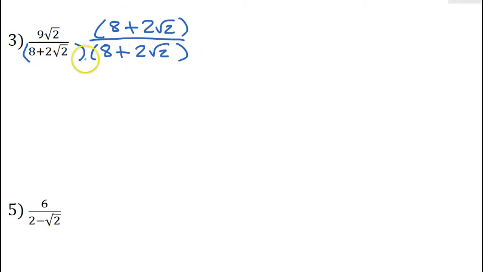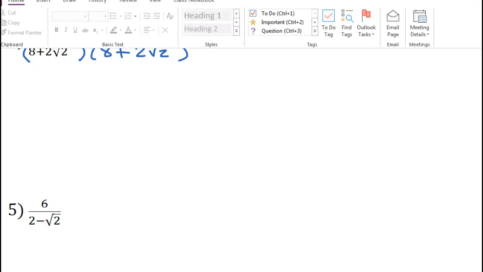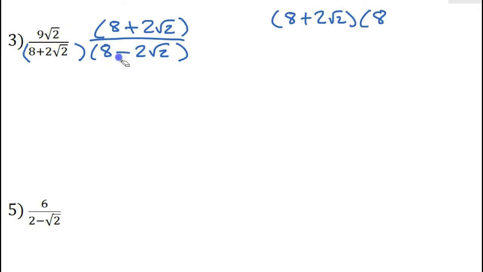All right, and again, I'm going to multiply this out off to the side. Okay, 8 plus 2 radical 2 times 8. Oh, you know what? I made a small mistake just then. This is supposed to be the conjugate, so this should be minus. So 8 minus 2 radical 2.